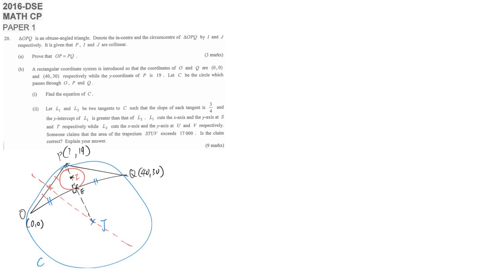First stage, we have to get the perpendicular bisector of OQ. So point E, (20, 15), is the midpoint, and then the slope of OQ is equal to 3 over 4. That means the slope of PJ is equal to negative 4 over 3.